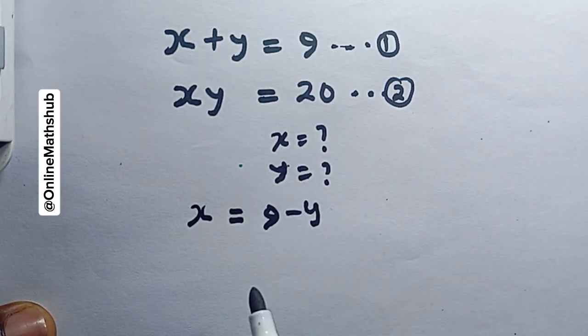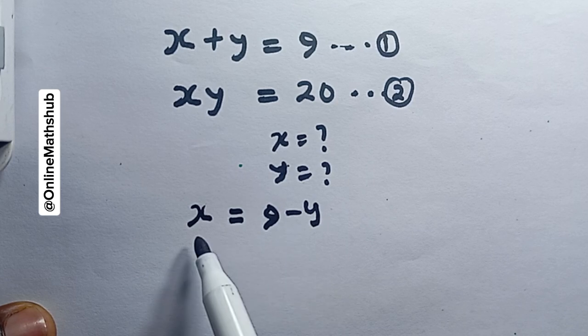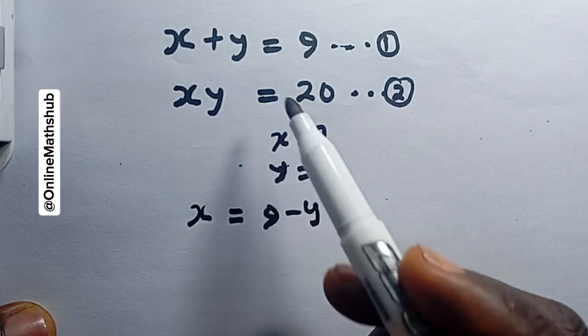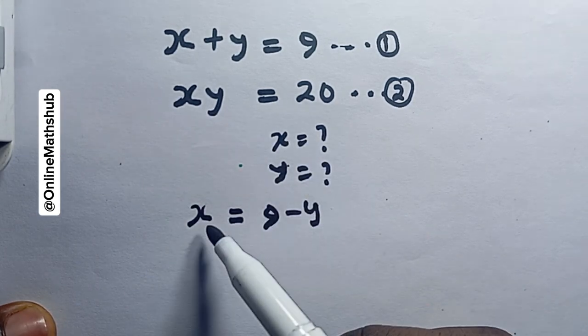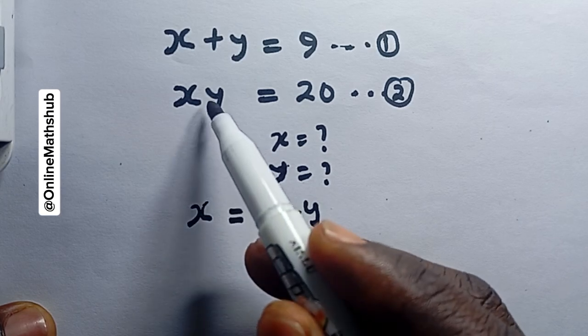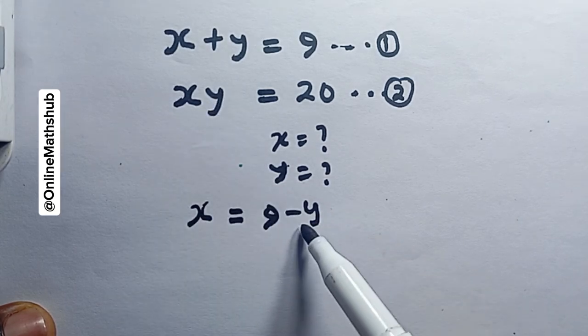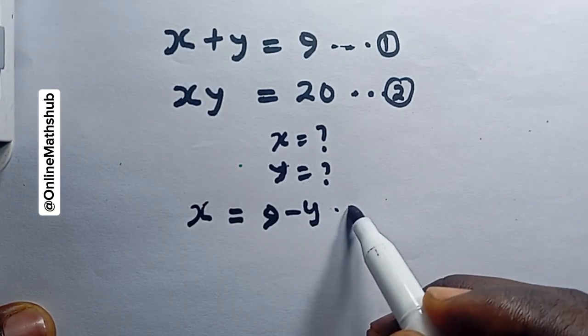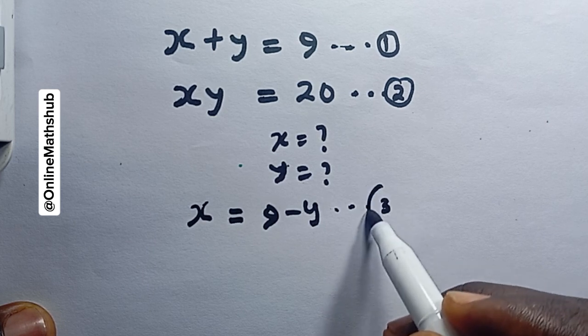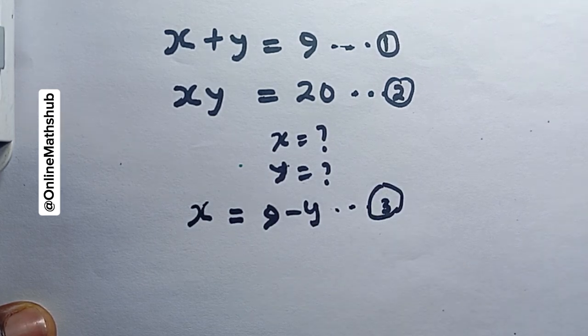Okay, and then I'm going to use this x here to substitute in equation 2, so wherever I see x, I'm going to replace it with 9 minus y. I can even decide to call this equation 3 for easy referencing.